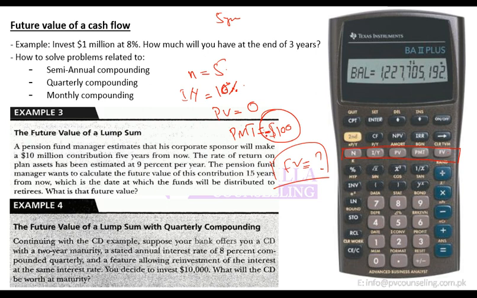If you plug it in as minus, the answer would be 610.5. If you plug it in as the other sign, the answer would be minus 610.5. Only the minus or plus would be different, but the answer should be the same. So 610.5 is the answer that you get for the future value of this NVD.